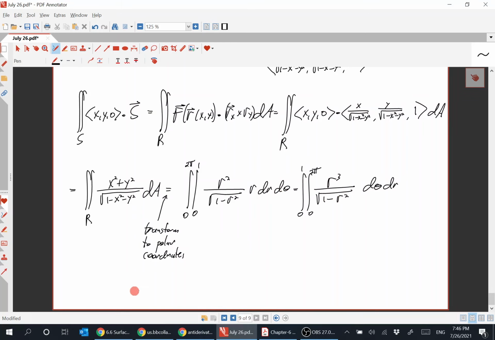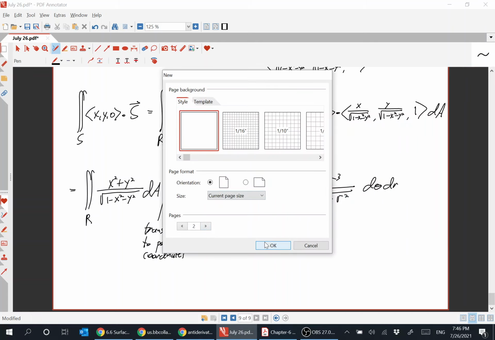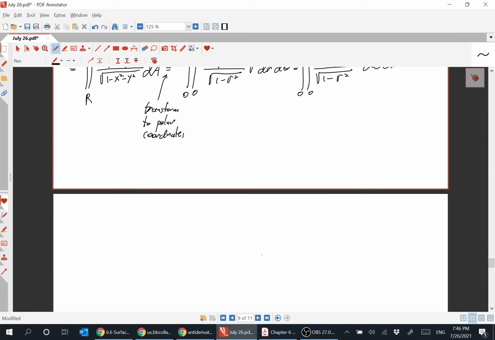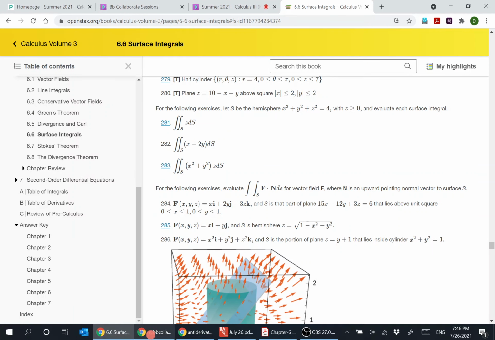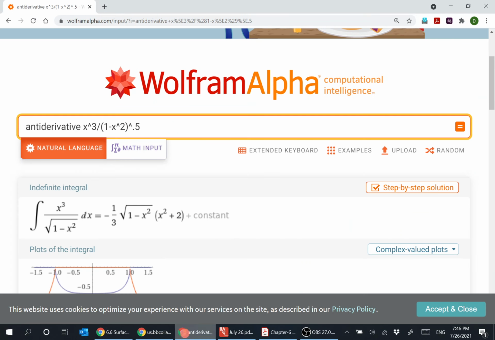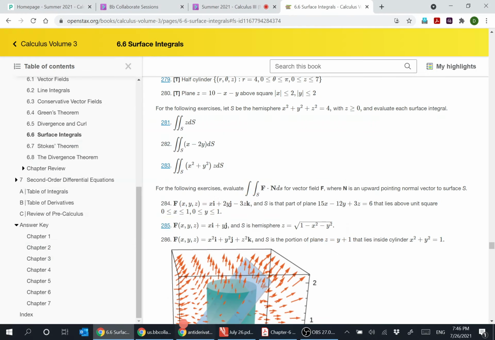So there's no thetas here, so it's just 2 pi. So it's minus 2 pi over 3. There we go. Well, square root 1 minus x squared.